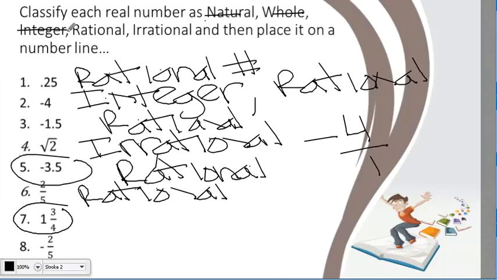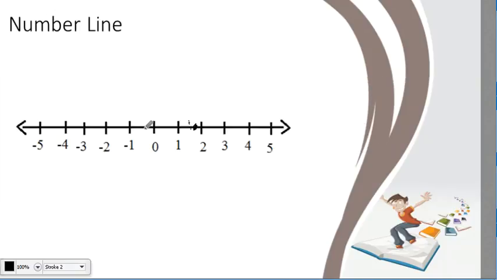So integer does not just mean positive and negative numbers. The negative numbers have to be a whole number. So negative 2/5. It is rational. It's not a never repeating, never ending decimal. To place that on our number line, 1, 2, 3, 4, 5, negative 2/5 would be right here.